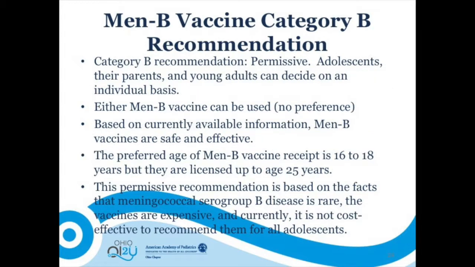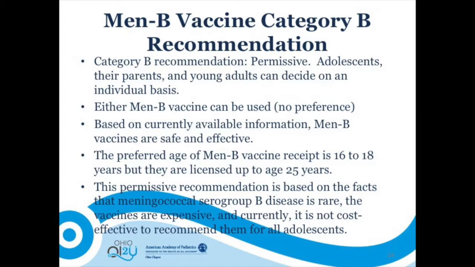So for everyone else, the Category B recommendation is used. This is permissive, meaning adolescents, their parents, and young adults, along with their caregivers, can decide on an individual basis. Either meningococcal B vaccine can be used. No preference is made.